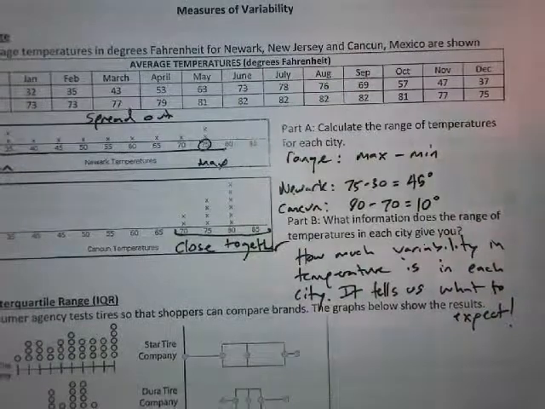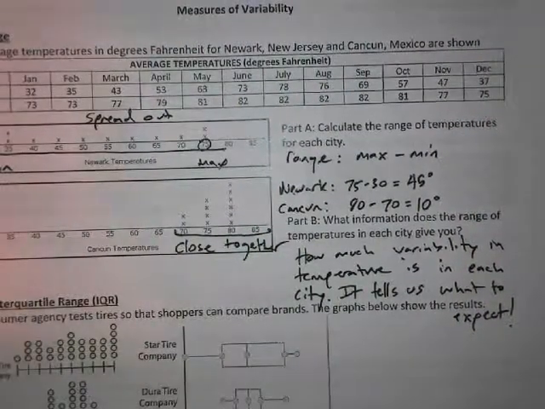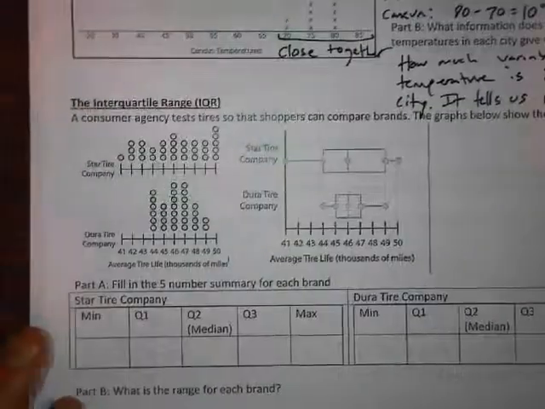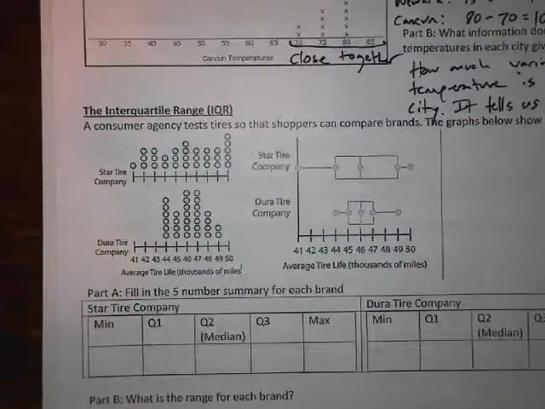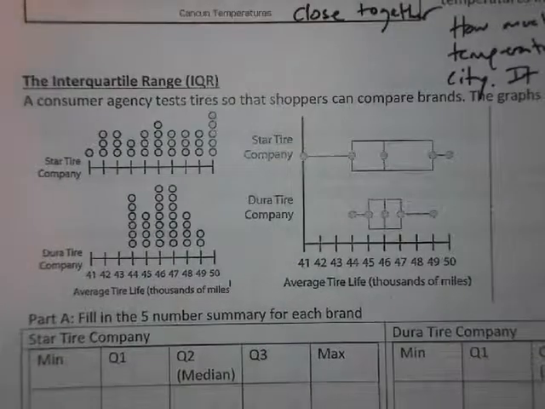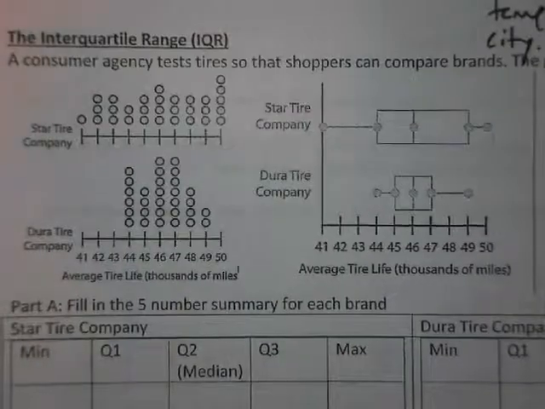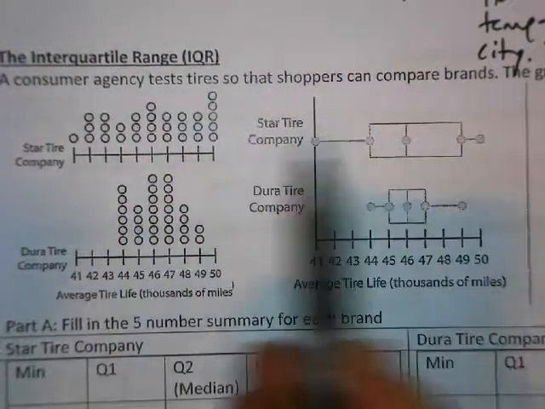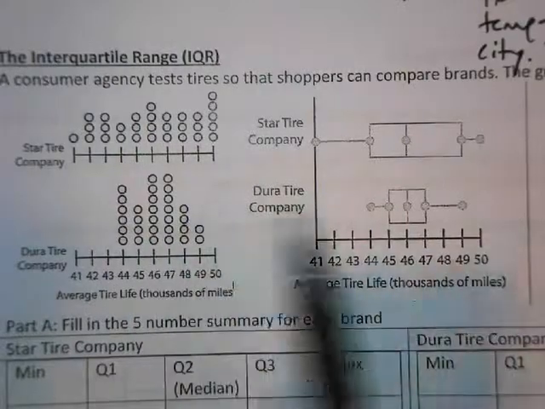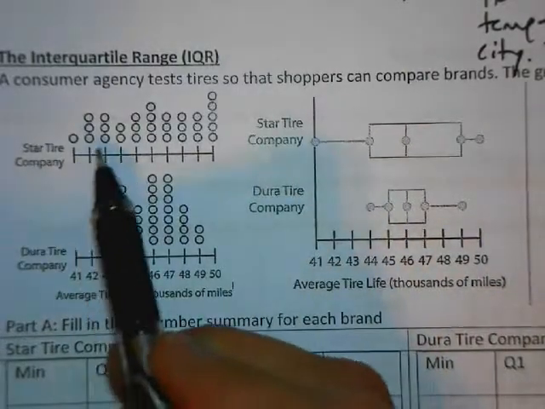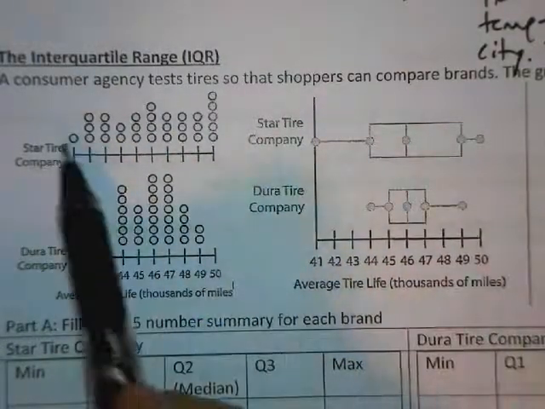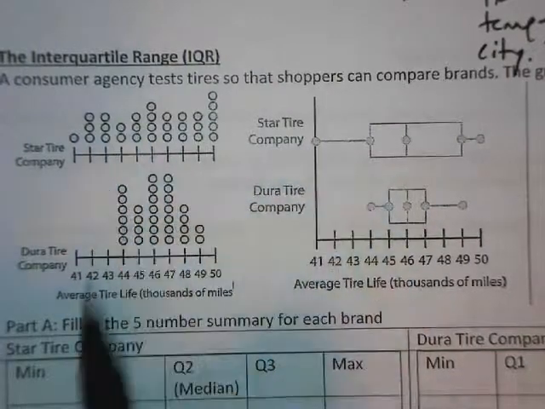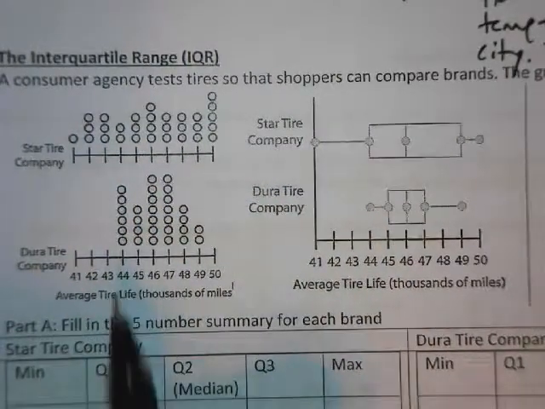Okay, let's look at a different measure of variability, the IQR. And to do this, we need to remember something about these plots. You should have seen these plots before, but it's okay if you need a refresher. Both of these plots show the same set of data. This is about tires. And each dot on the dot plots is the average tire life in thousands of miles.